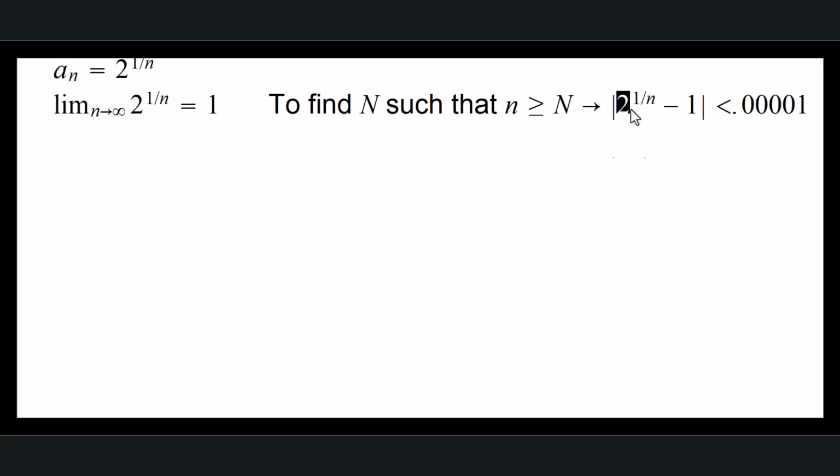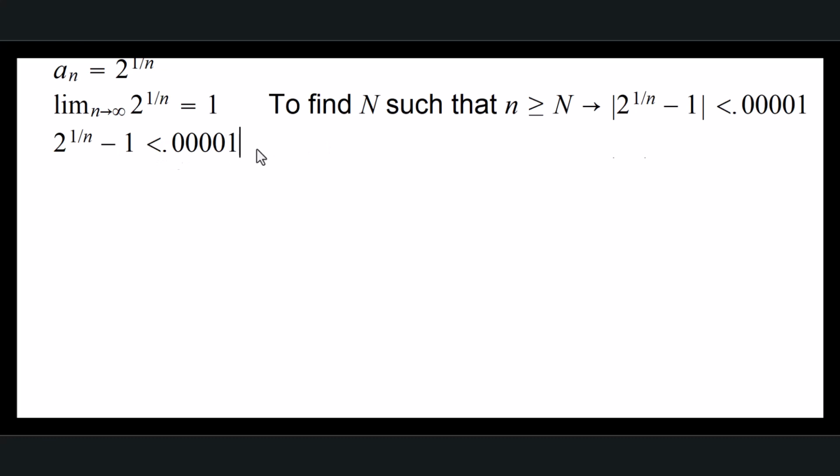Now you know this, that no matter which power or which root of 2 we take, it has to be greater than 1. So we can replace this absolute value, and that is less than 0.00001. That's what we need.